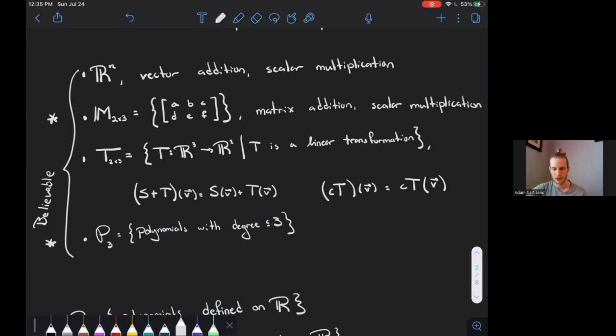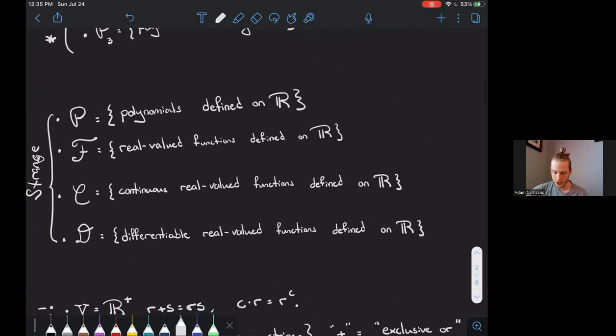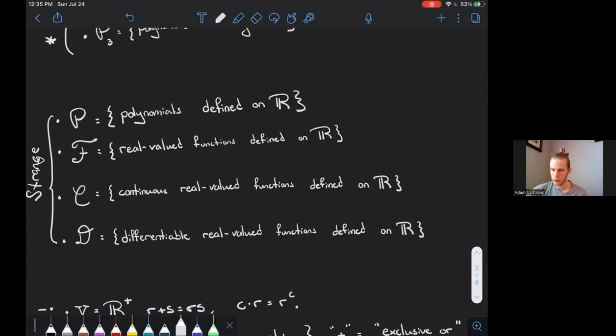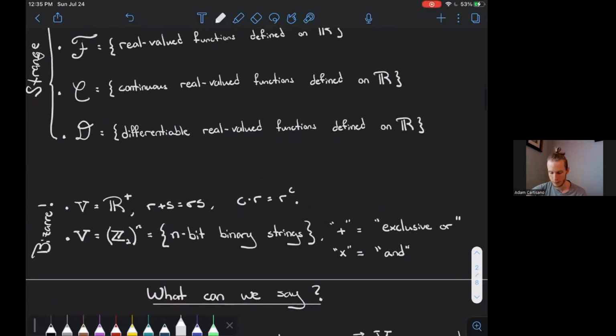Whatever problem you're trying to solve, chances are there is a natural vector space that the problem sits inside of, right? We will mention these slightly stranger vector spaces as a little bit more weird examples, and I'll never mention these horrendous ones again because they're really confusing.